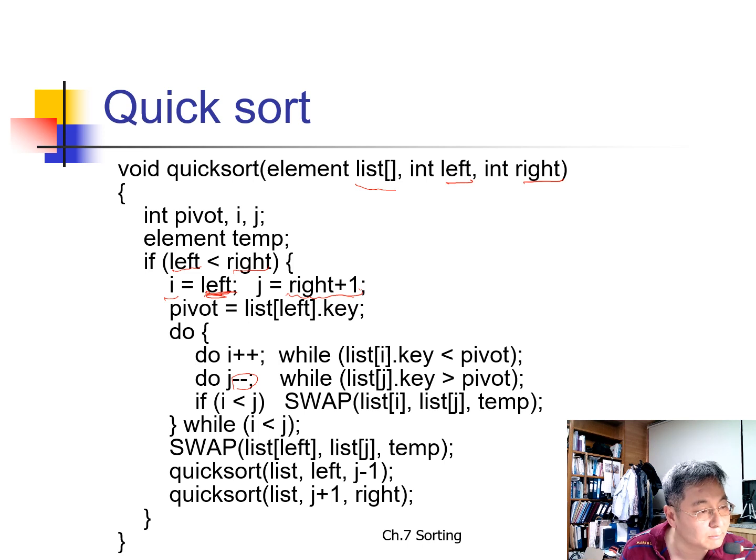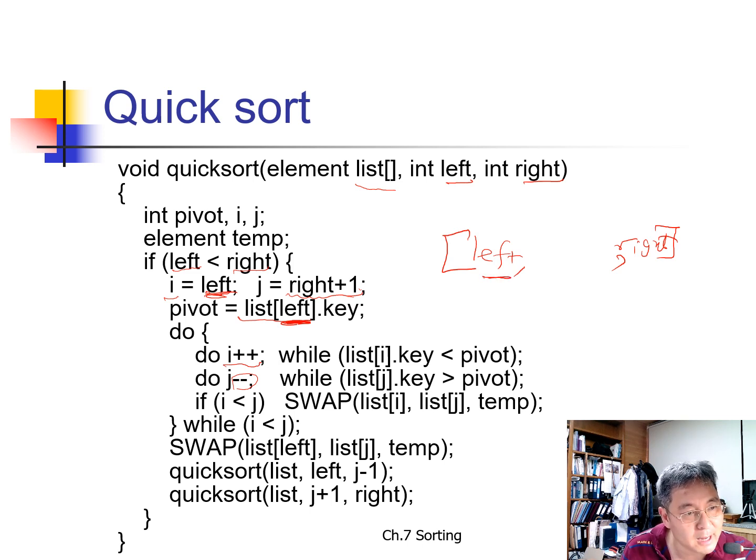So the second value from the left is used in this do loop statement. The pivot value becomes the left value. Yes, the left value becomes the pivot value. That means we will use the left and right values here. There can be many data between this left and right.